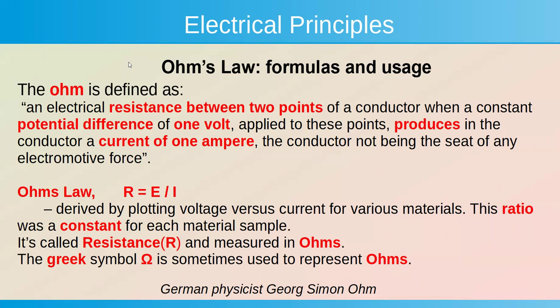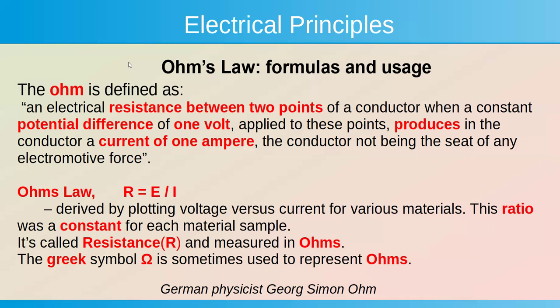And what we call Ohm's law, and I think I showed the formula before, is resistance is equal to the voltage divided by the current. You'll see that formula a lot, and there are a lot of questions dealing with it, which you'll see very shortly. He did derive it by experimental means.